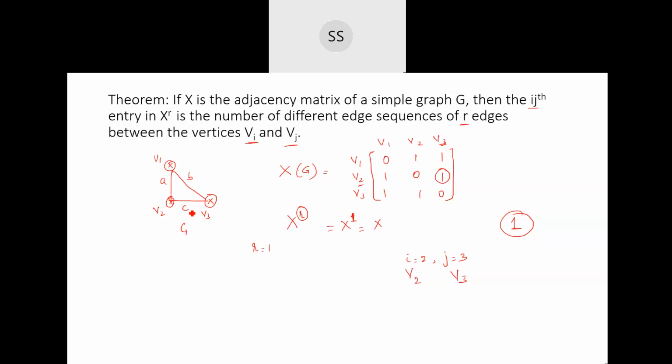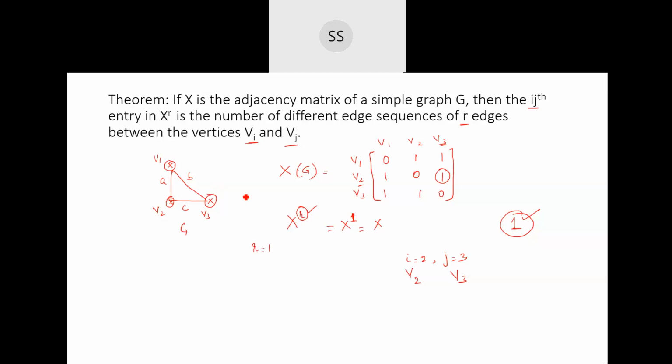I have only one distinct edge between V2 and V3 of length 1, so C, which is of length 1, connects V2 and V3.